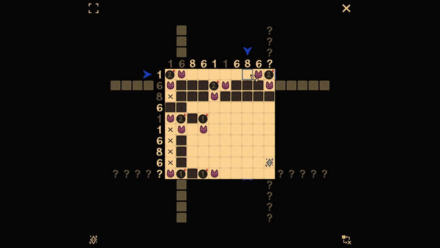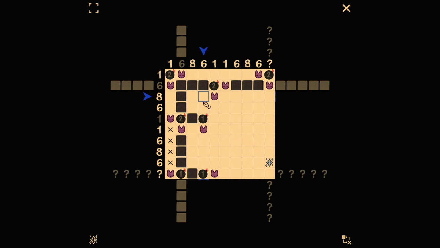Oh. That can't be correct. Because if I go this way, I block this off, which then forces this to come this way, which then forces.